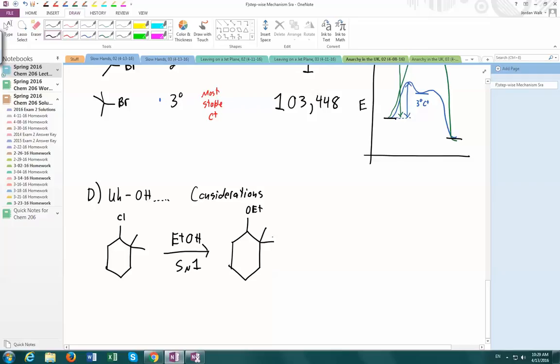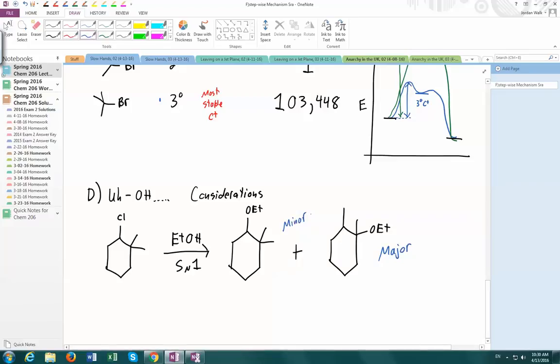Because we know that we're going to substitute our leaving group, which was our chloride, with our ethanol. But what's found during the course of our reaction is that we also form this product. And in fact, this product is our major product.